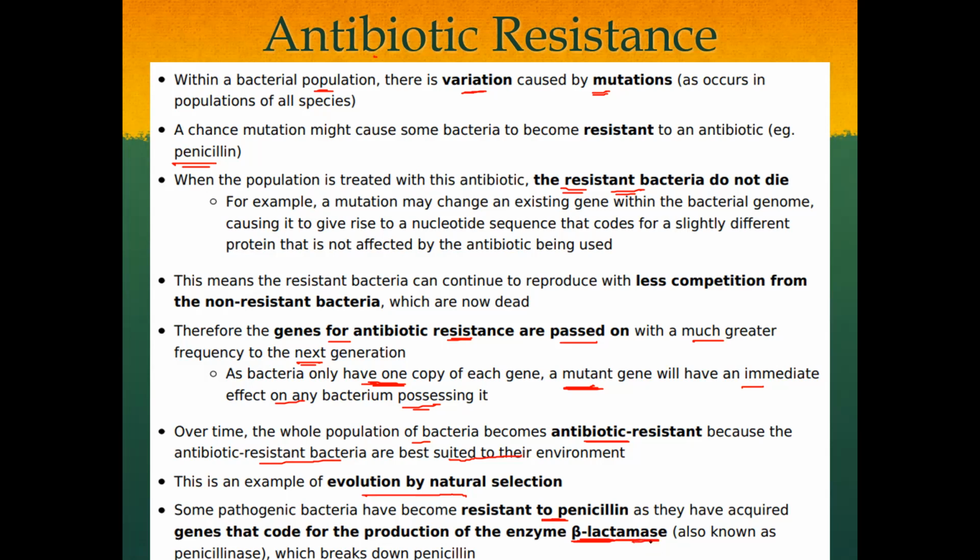So beta lactamase is penicillinase. Even if we give penicillin, they will actually destroy it and break it down. So the bacteria which are resistant to penicillin have developed code for production of this enzyme beta lactamase, also known as penicillinase. It will break down the penicillin, and the penicillin would have no effect on these.